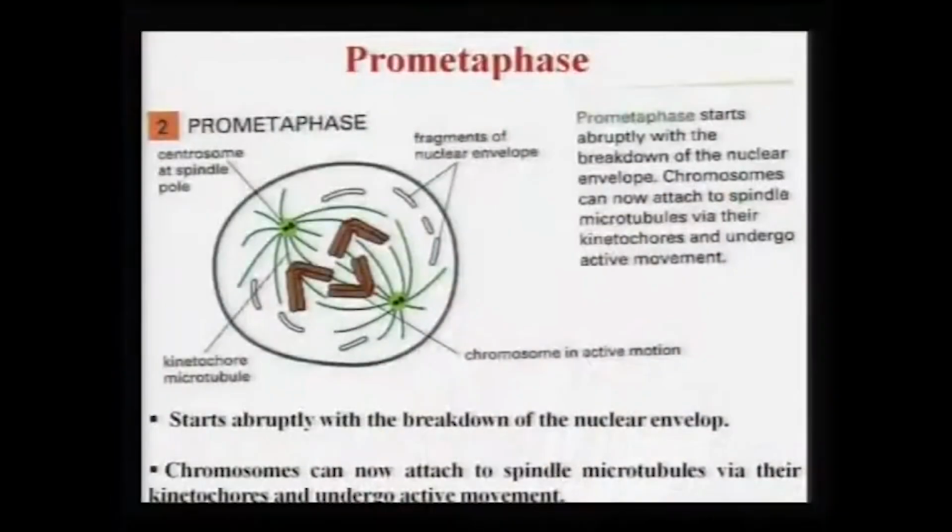So, what you see here are fragments of the nuclear envelope, and then myosin motors interact with the DNA chromosomes. Slowly you can see there will be segregation of the chromosomes at two different regions, and chromosomes now attach to spindle microtubules via kinetochores and undergo active movement.